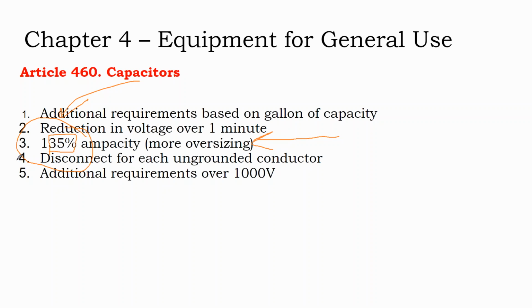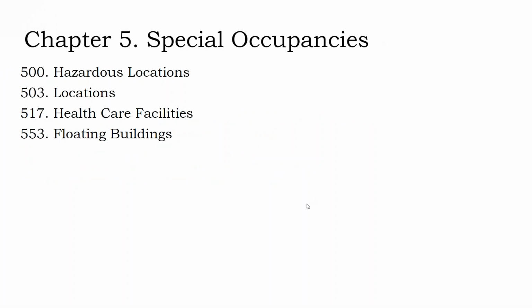So normal electric code, you're oversizing by 25% as a starting point. With capacitors, you're giving that cable 35% additional headroom rather than 25%, acknowledging the rapid discharge capabilities of the capacitors, could be surge loads, and they want to give you a little bit more clearance.